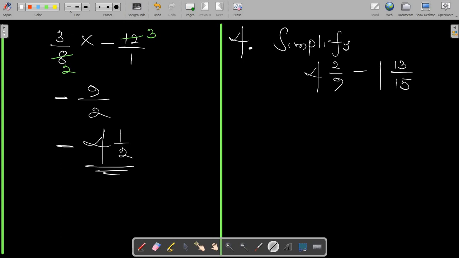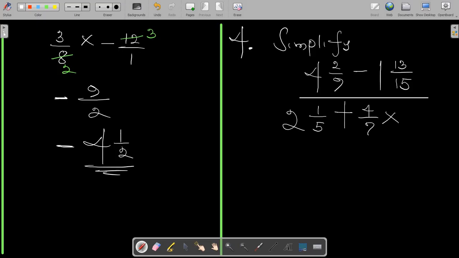Now to divide, watch out, this division sign. To divide 2 whole number 1 all over 5 plus 4 over 7 times 2 whole number 1 all over 3.